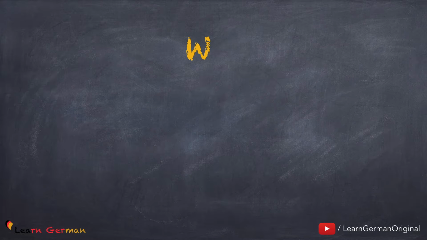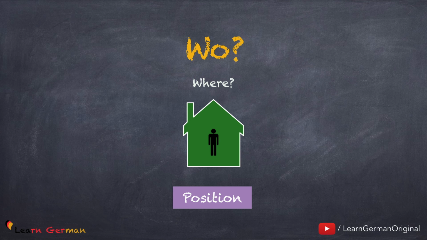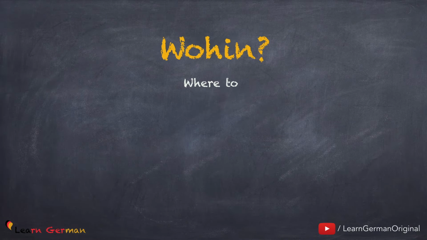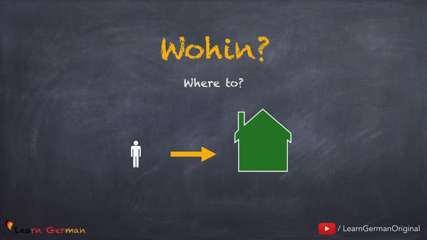It's very important to understand the two questions. Wo, Position. When you ask this question, it will always be answered by telling you the position of a person or a thing. Whereas the next question, that is, wohin? Aktion.